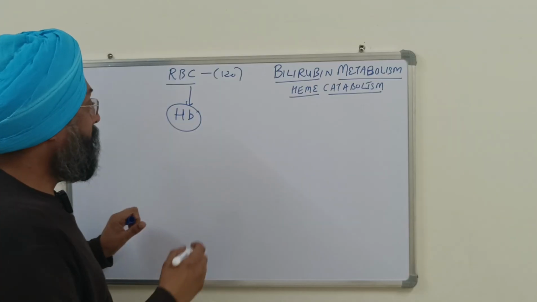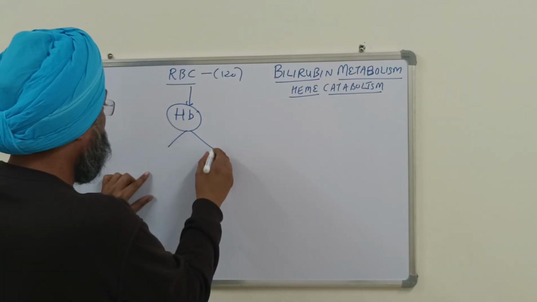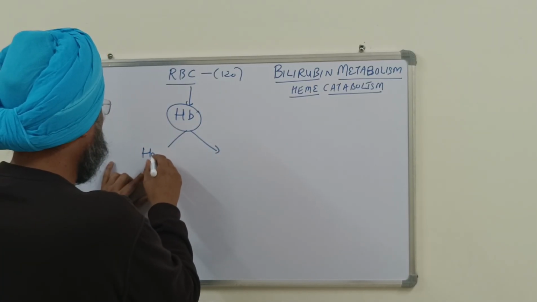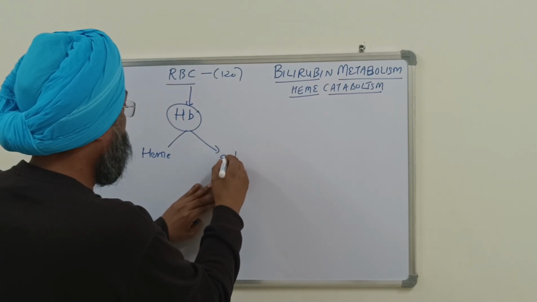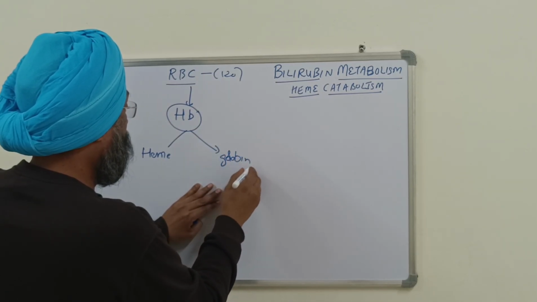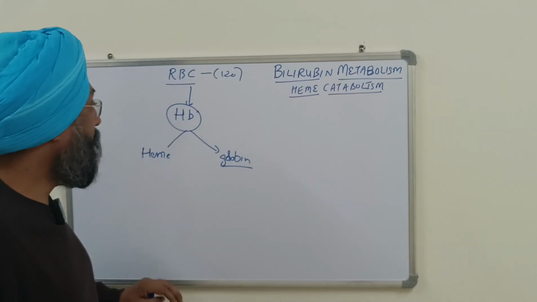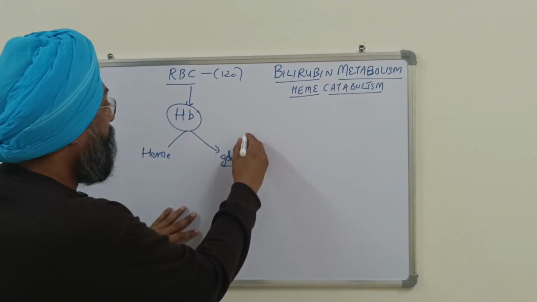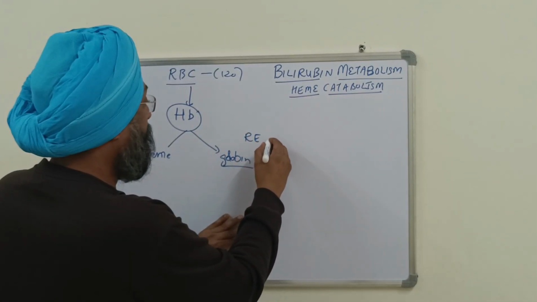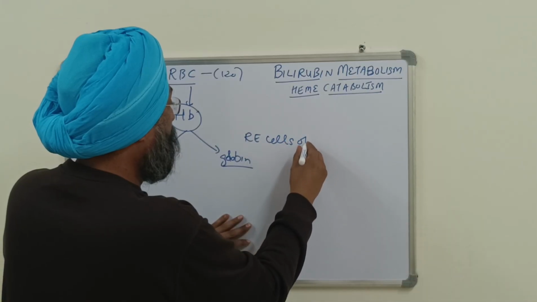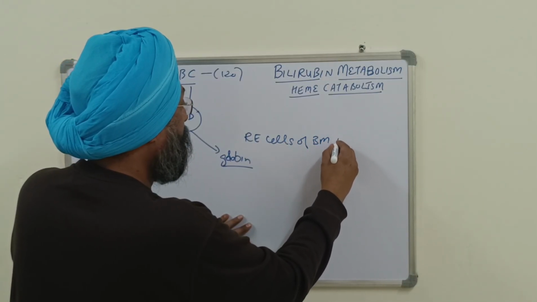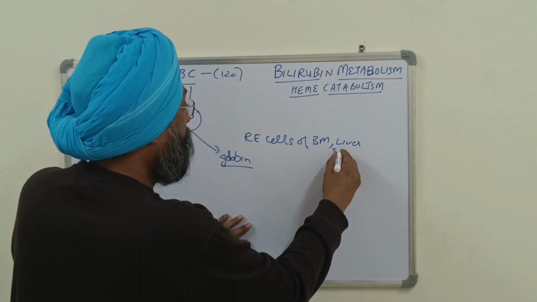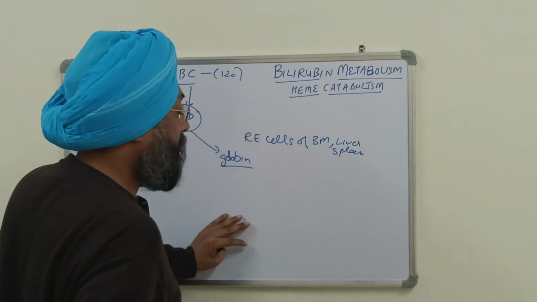This hemoglobin will further break down to form heme and globin. This reaction takes place in the reticuloendothelial cells of the bone marrow, liver and spleen.